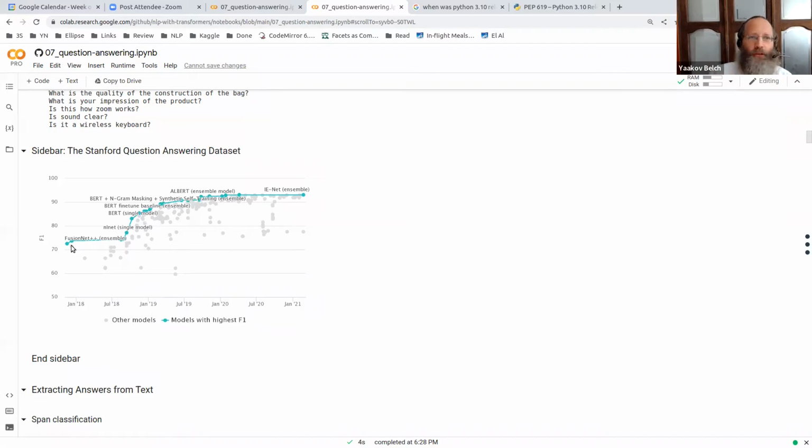We have superhuman performance, and people can write to the newspapers that we have built a neural network which is better than a human at answering questions. Now, we need to understand that this is not what we saw here. We saw that on one data set, on one specific test, a certain model had better answers than certain people.